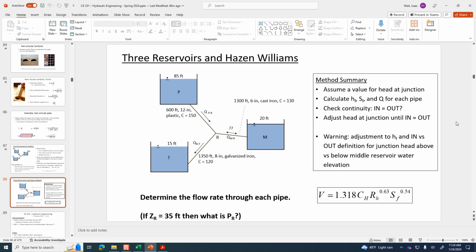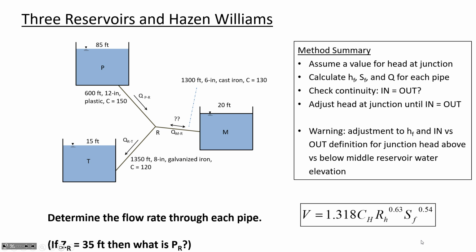So just as a setup here, if H sub R is 21 feet, then the water's going into M, and QPR is equal to QRM plus QRT.